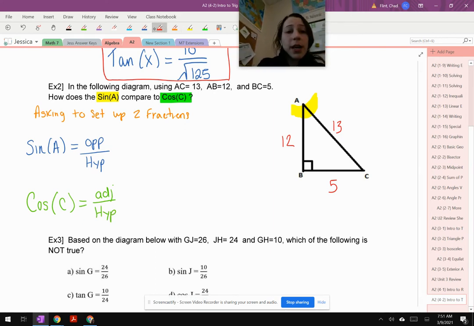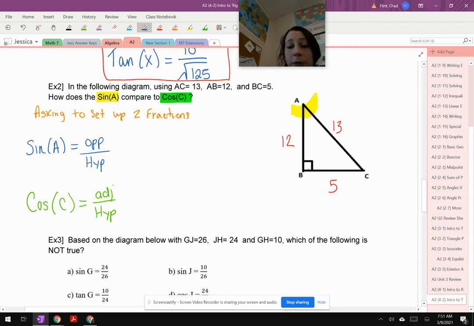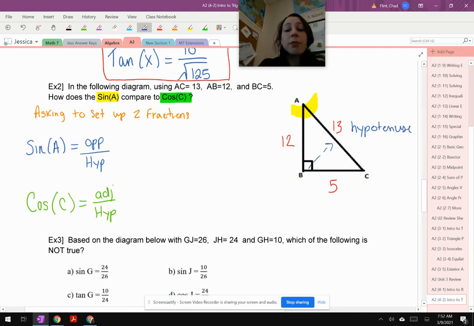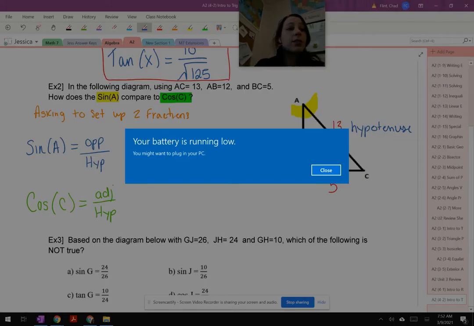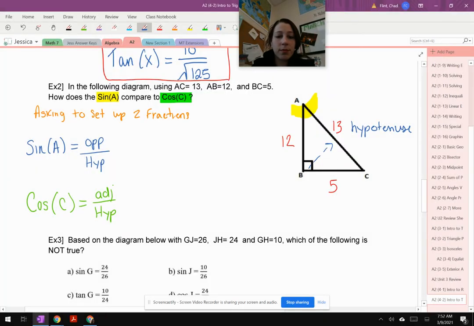Now I just got to label some sides. So across from my right angle is always my hypotenuse. And if I'm using angle A, hold on a sec, we gotta plug our computer in. Okay, there we go. Sorry about that.